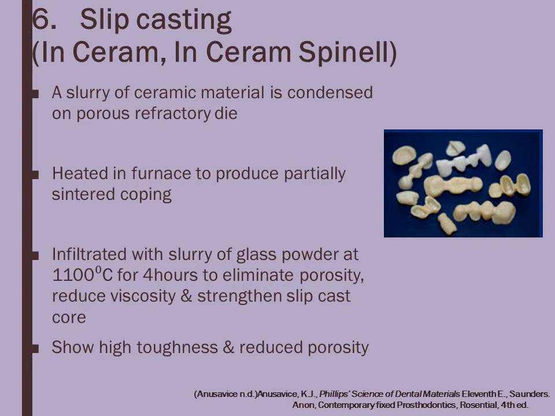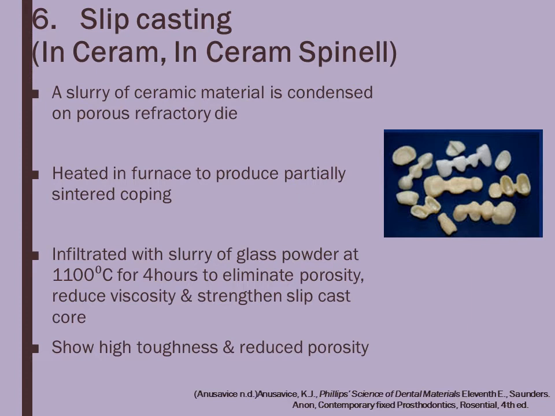So in this, a slurry of ceramic material is condensed and placed onto a porous refractory die. So first we make a die of the single tooth, and the slurry of the ceramic material is condensed onto that die. Then it is heated in a furnace to produce a partially sintered coping.